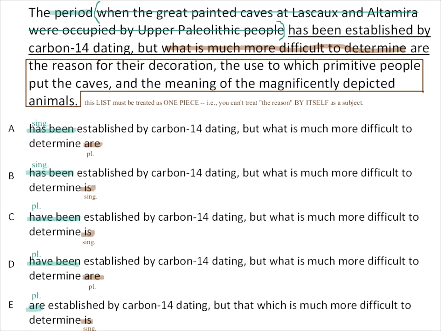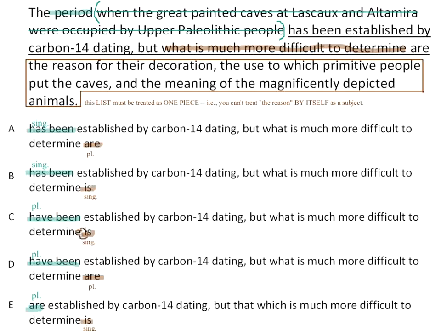Okay, when we're talking about eliminating, it's like this. This thing that we crossed off here is a subordinate clause. So the period, when, blah, blah, blah. Great Painted Caves, for example, is not a subject because it's trapped in a subordinate clause. Like, this is the subject of this other verb, which is trapped inside this clause. But the Great Painted Caves is not the subject of this main sentence.